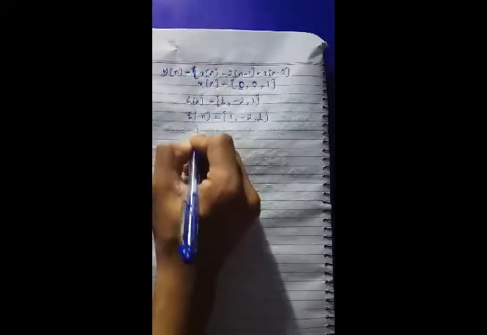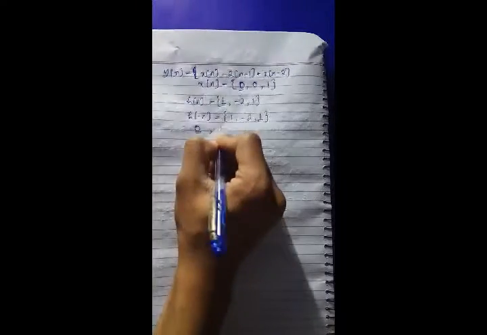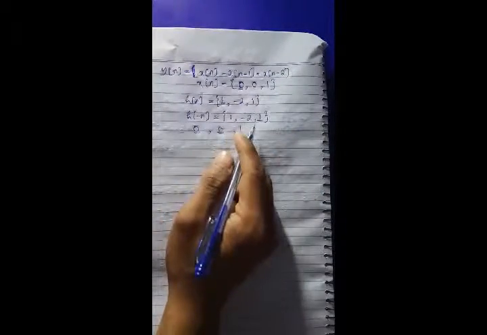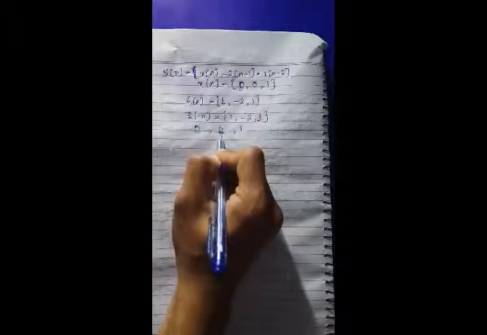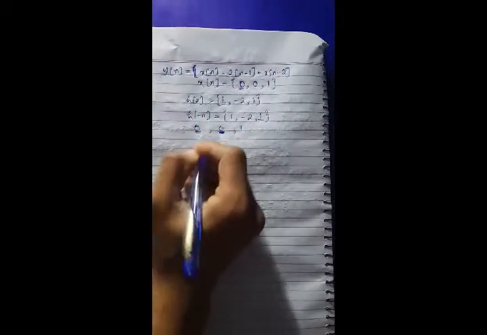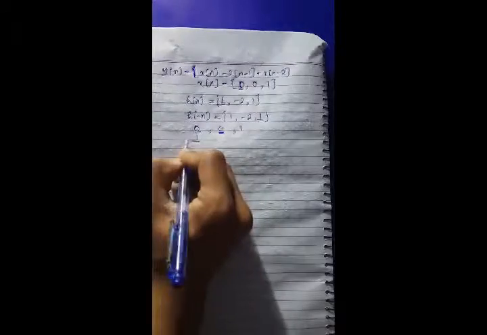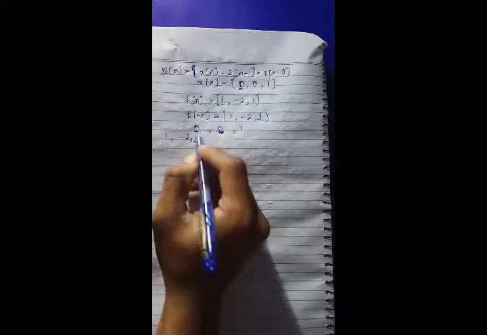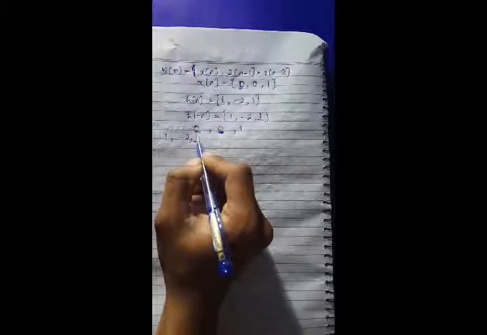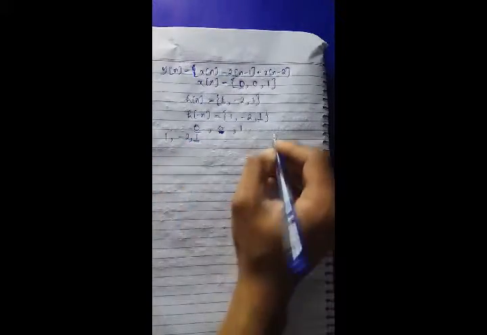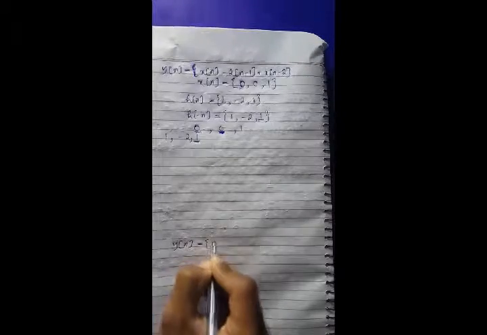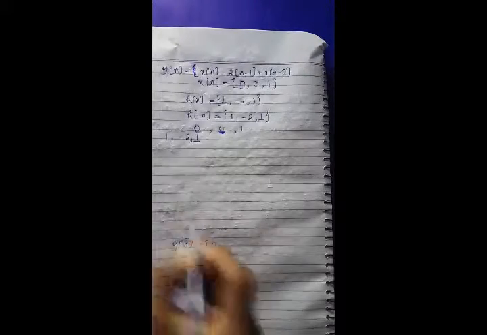We have x of n is equal to 0, 0 and 1. And we write here 1, minus 2 and 1. Now we multiply, we get 1 into 0 and all other values are also 0. So we get y of n, the first value, that is the 0 index value, is 0.